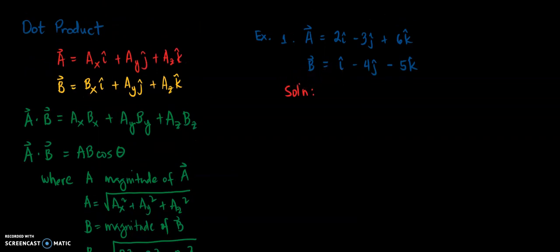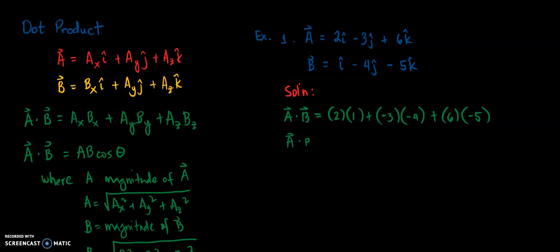So A dot B first. Using this formula, A sub x B sub x, that is 2 times 1, plus negative 3 multiplied by negative 4, plus 6 multiplied by negative 5.